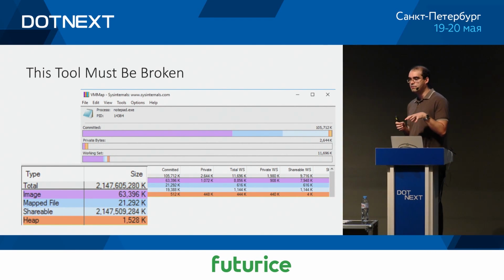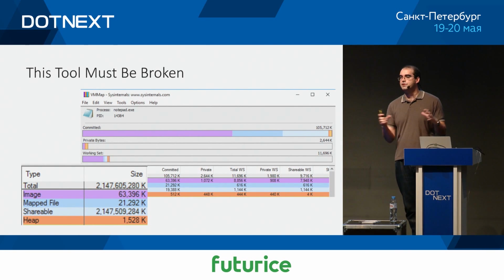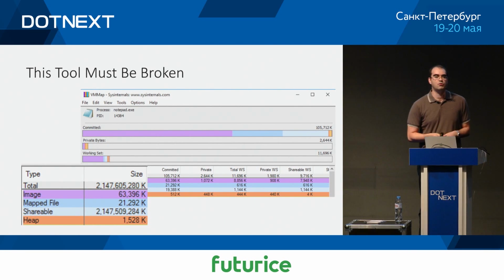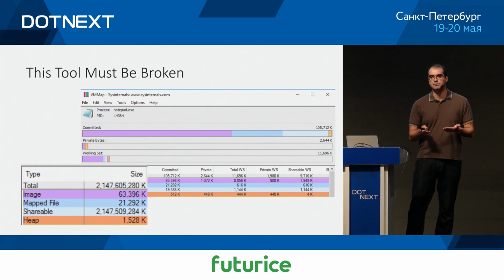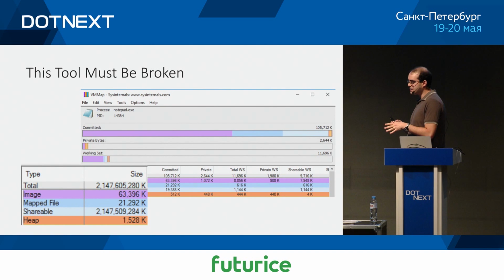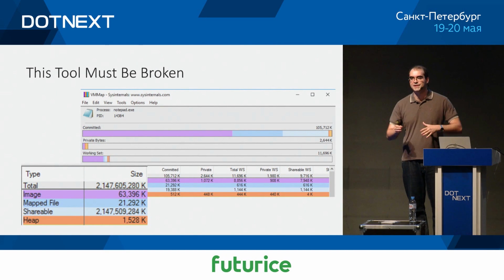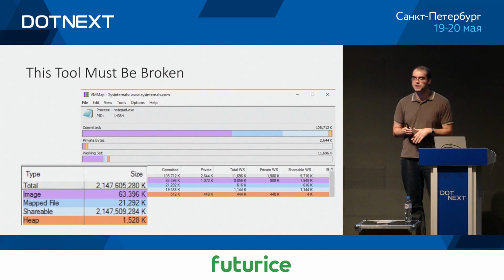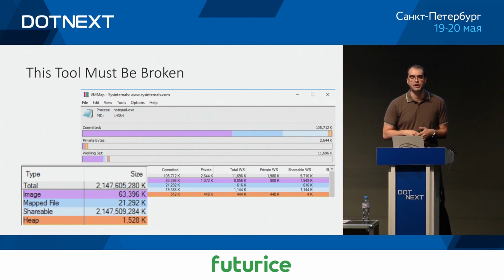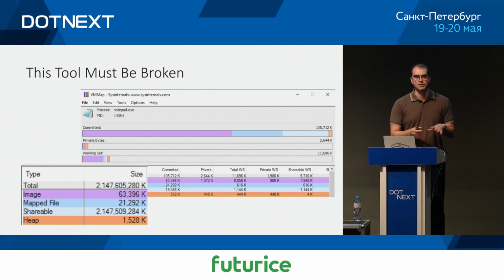It's not actual memory being used, it's just an address space reservation. But if you look at the total reported by VMMap, it includes that address space reservation. So your process is not really using 2 terabytes of physical memory. It only has an address space reservation of 2 terabytes, which is fine because you have a 128 terabyte address space on 64-bit.